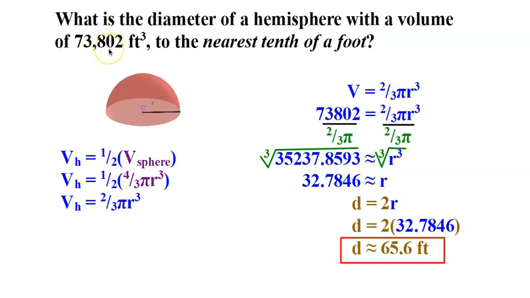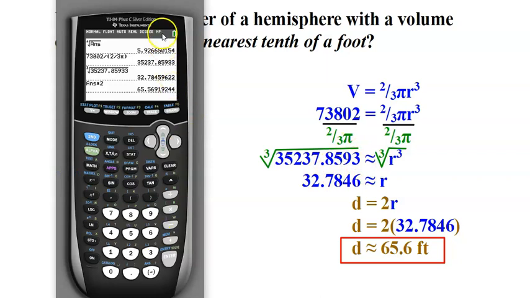One thing that's very, very important: notice I started rounding way up here, but I didn't actually round it. In my calculator, I kept all of those exact answers. That's very, very important. If you start rounding way up here, then cube rooting and doubling and all of that is going to throw your answer off. It won't throw it off much, but it might throw it off enough that when you round to the tenth of a foot at the end, it could have said 65.54, which would make this stay as a 5, and then you're going to get your answer wrong.